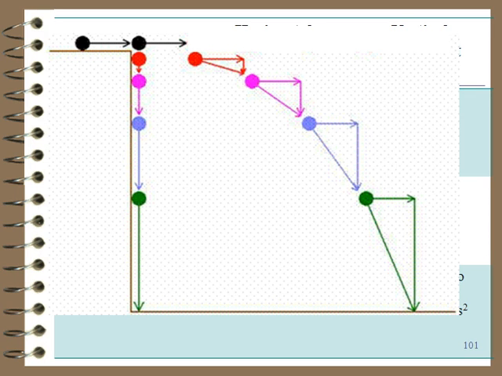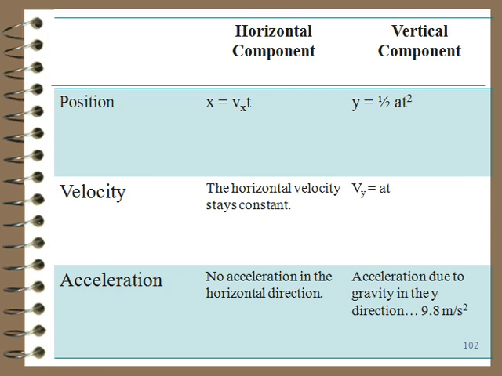Here's, remember this one? There are horizontal and vertical components. We talked about that. And I want you to put this table on your formula sheet. It is so important for you to be able to do all of your problems right.